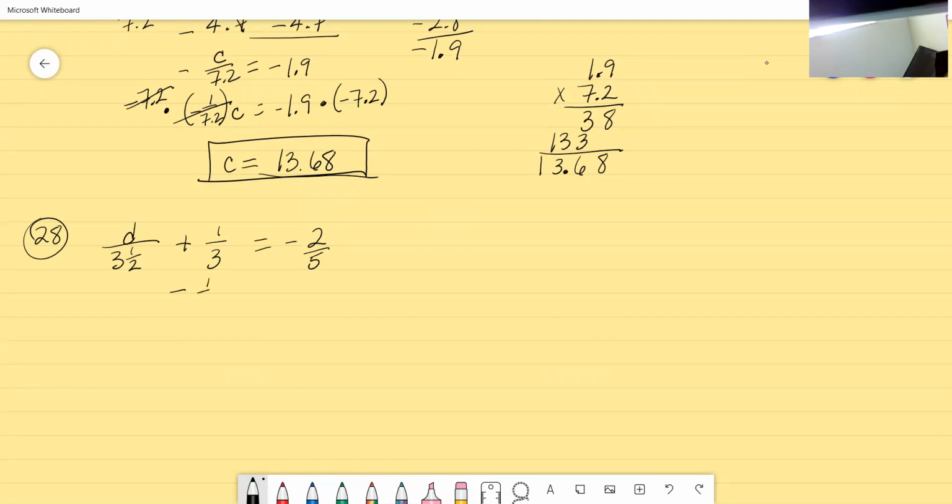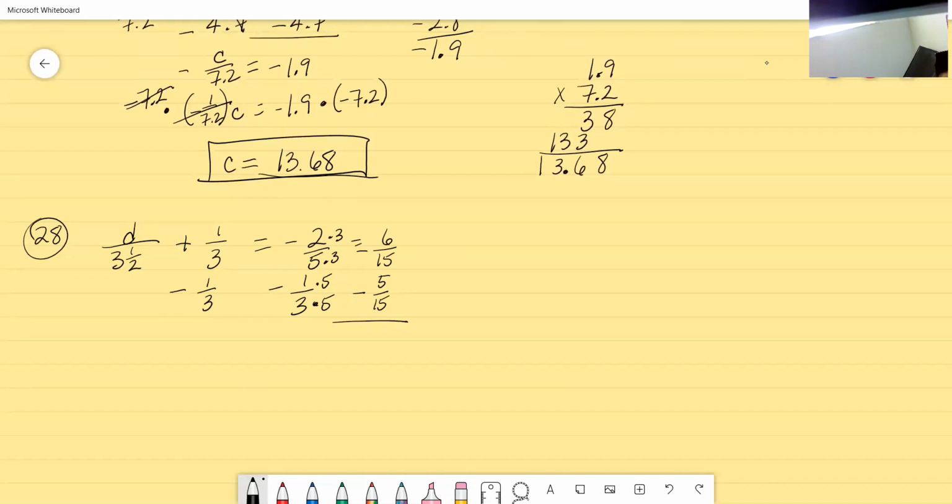So we add the inverse, which is negative 1/3. Well, and then I'm going to do it here, negative 1/3. So let's go ahead and find our common denominator. So this equals negative 6/15 minus 5/15.